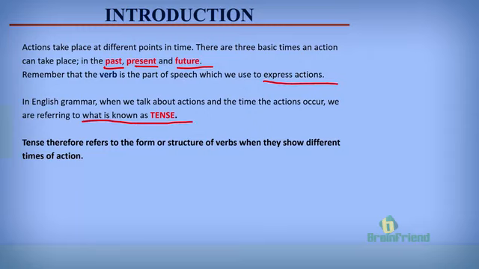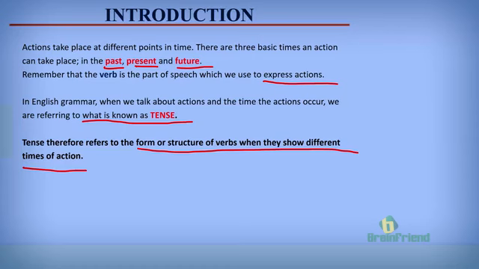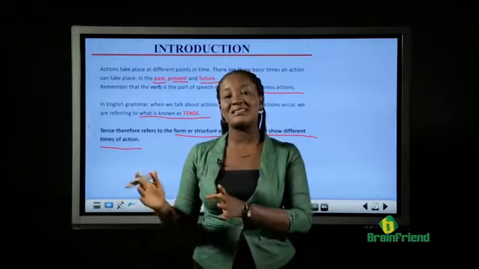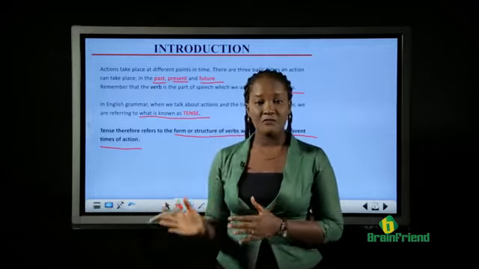So we can say that tense refers to the form or structure of verbs when they show different times of action. What this means is that verbs or actions take place at different points in time. And for those different points in time, verbs assume or take different forms.